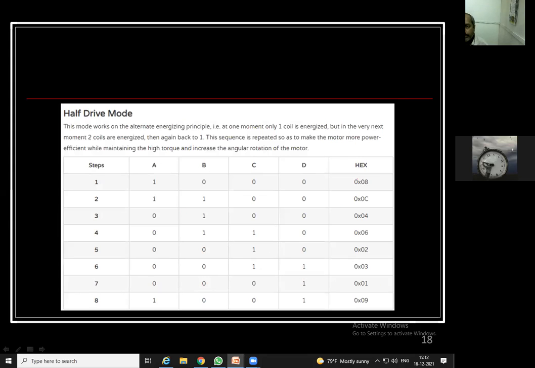And for half drive, 8C, a combination of these two, that is 6, 2, 3, 1 and 9. In this way it works, and in this particular 45-degree rotation it will catch this half drive mode of the stepper motor.